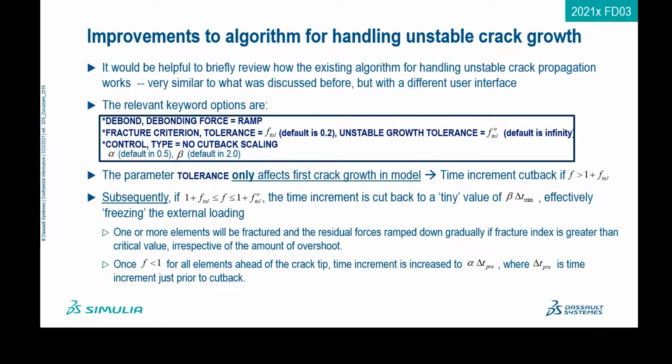The improvement to the algorithm for handling unstable crack growth will be very helpful in order to handle unstable crack propagation. It's very similar to what we discussed before, but in a different user interface and using different types of keywords here.